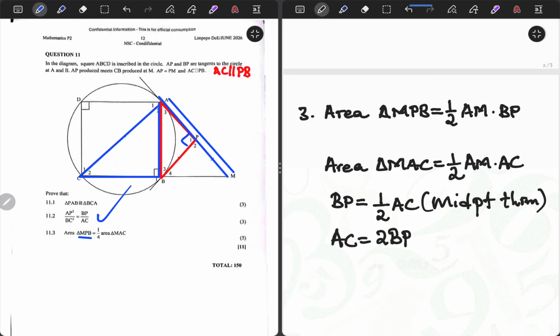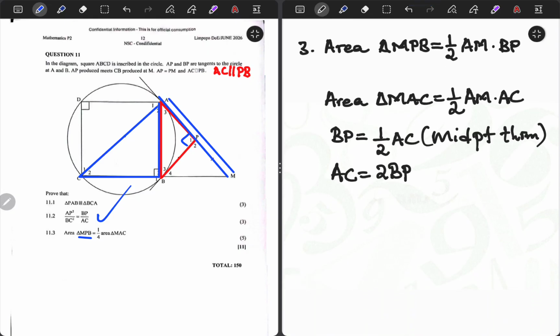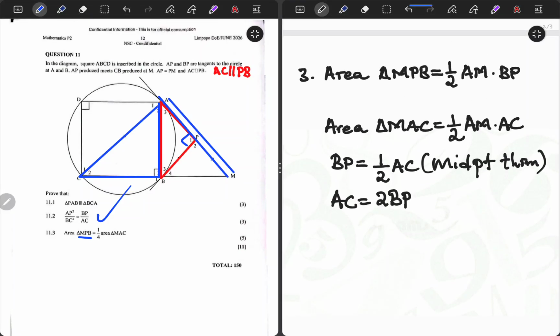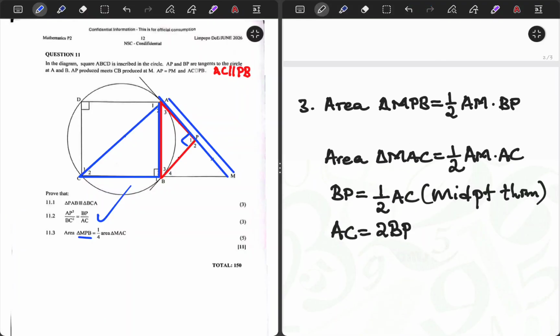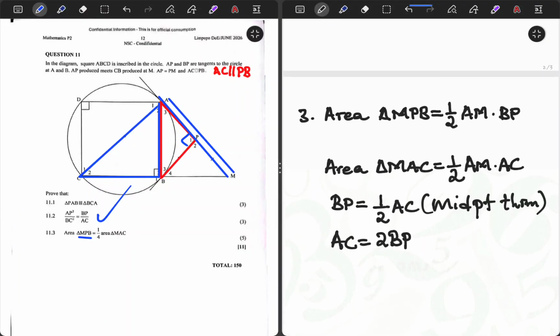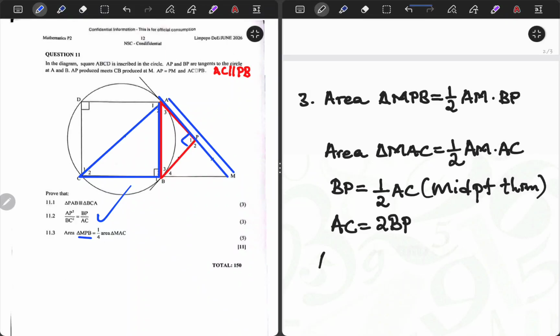Of BP. So let's see. Now, area there of triangle MAC will be 1/4.